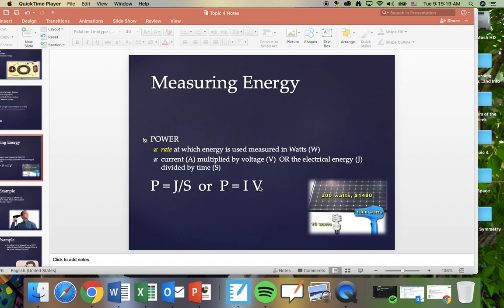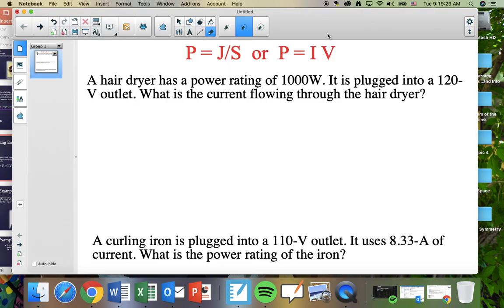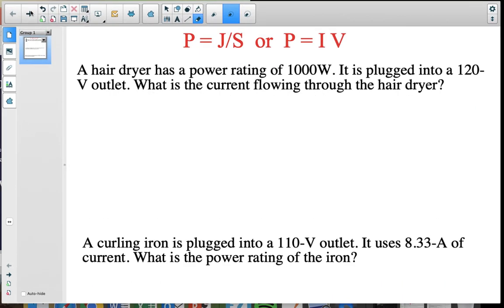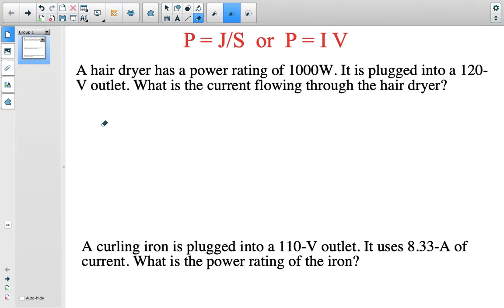So we have to see what's given to us in each question and then determine which formula we're going to use. So if I just pull up a few example questions, I'm going to do them on this template. Let's figure out how to calculate power or any of the missing components for each of these questions.